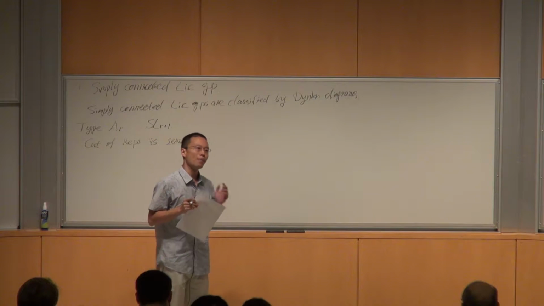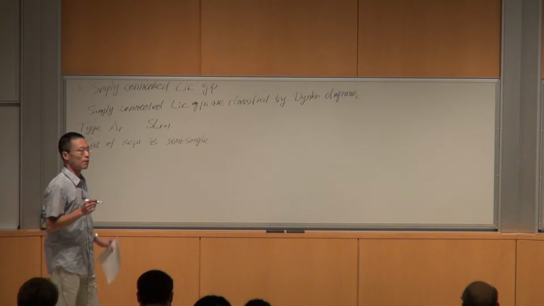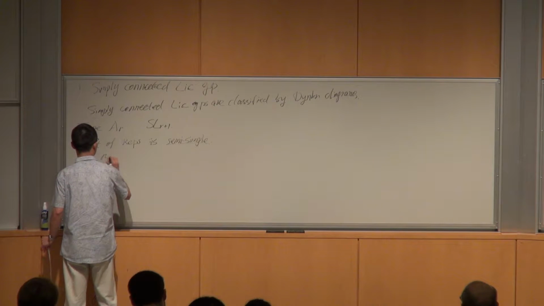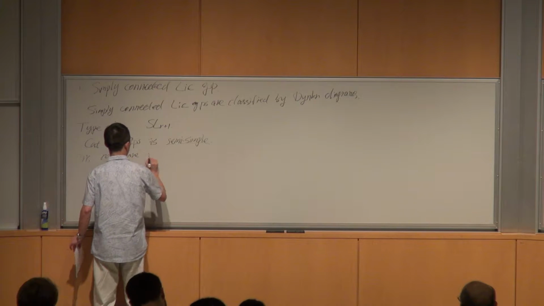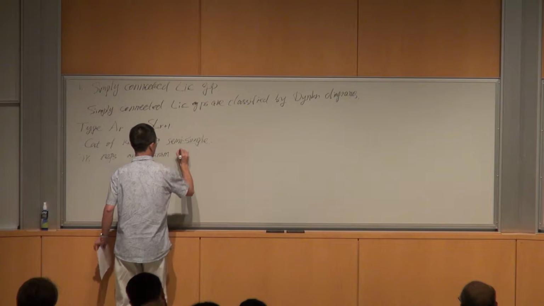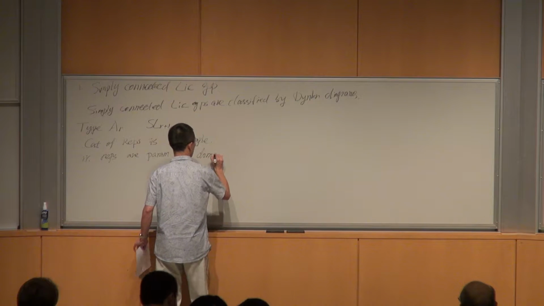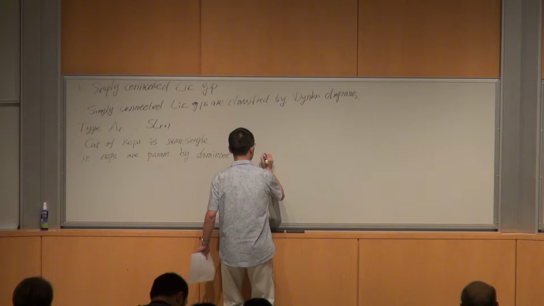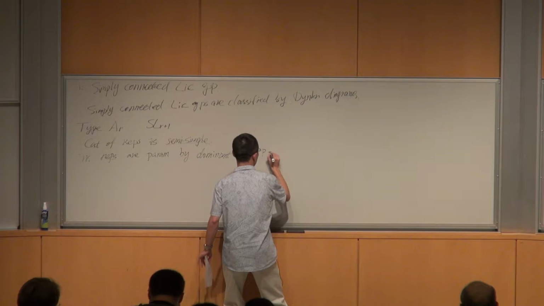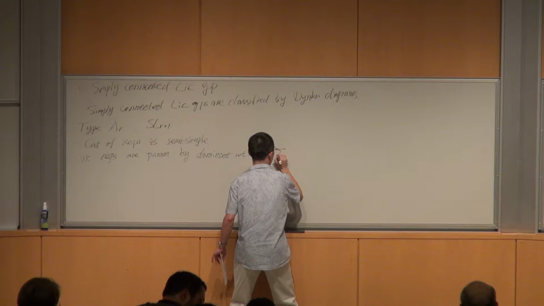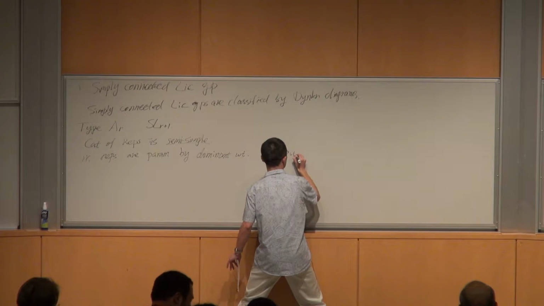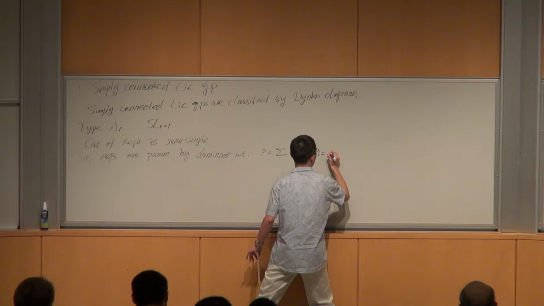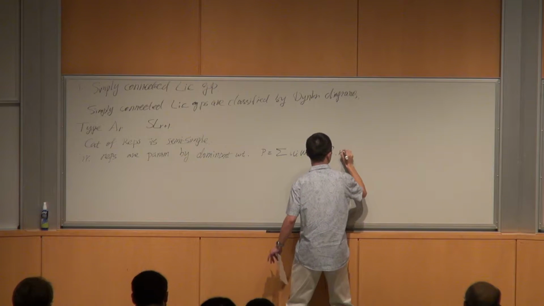Irreducible representations are parameterized by the dominant weights. So dominant weights, let's denote by P, is equal to a non-negative sum of fundamental weights ω_i, with i from 1 to r.